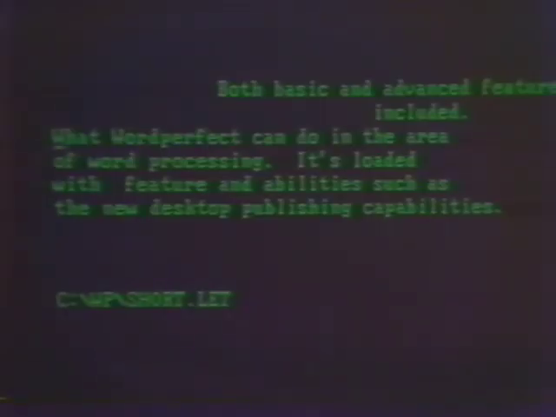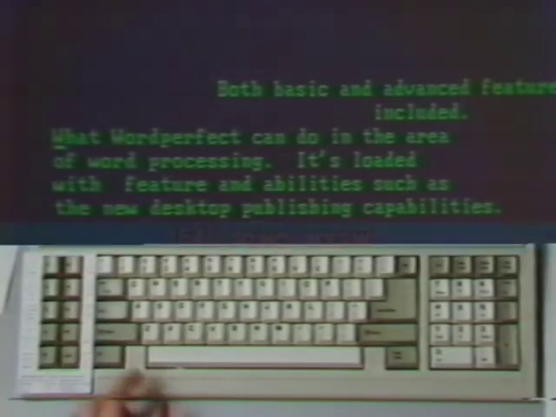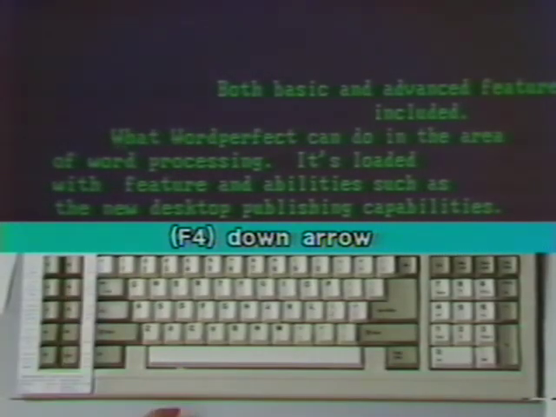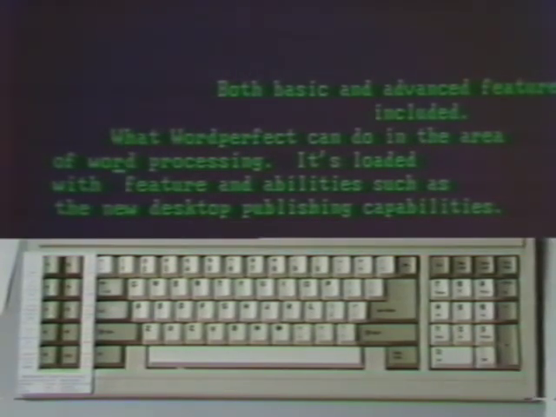To indent a single paragraph, move the cursor to the first character of the paragraph. Then press F4, followed by the down arrow. The left edge of the paragraph is indented 1 tab stop.